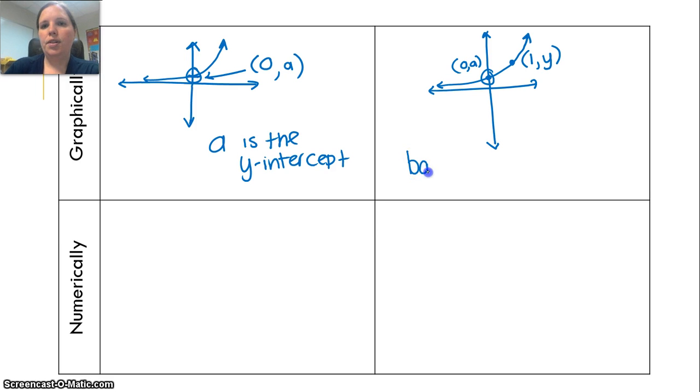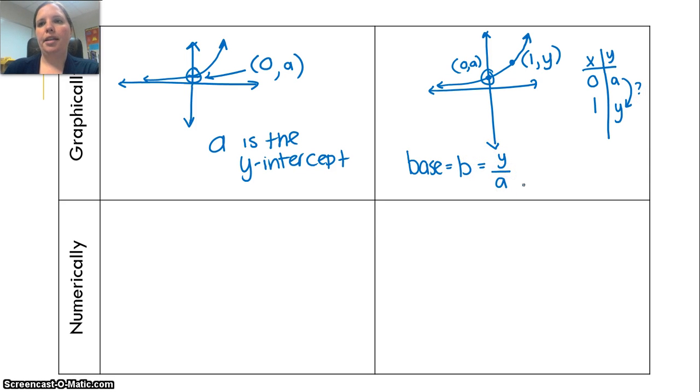The base, the b value here, maybe it would help if I wrote a table out. We have (0, a) and we have (1, y). The base is always going to be this change. So what product am I using to change from one value to the other? How do I figure out this number? It would actually just be that I take the y value and divide it by the a value.